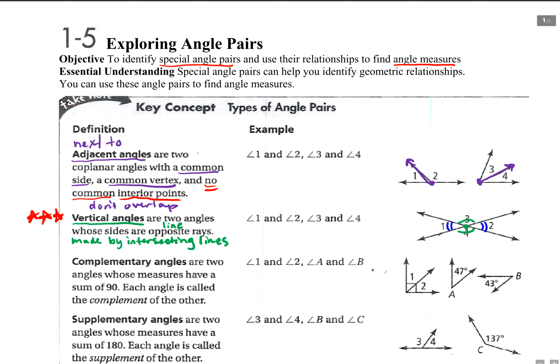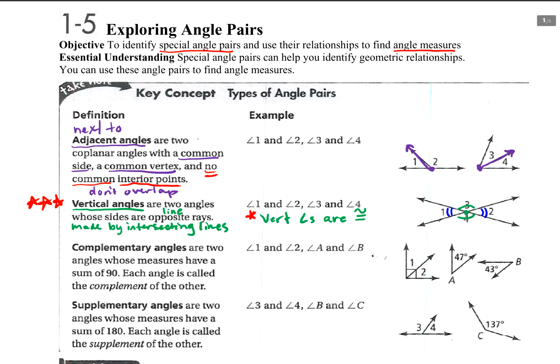They are opposite of each other, made by these intersecting lines. And something we are going to put a star with here, and we will get a theorem on this later. Vertical angles are congruent. So you notice here that I marked angle 3 and angle 4 congruent, and I marked angle 1 and angle 2 congruent. Vertical angles are congruent.